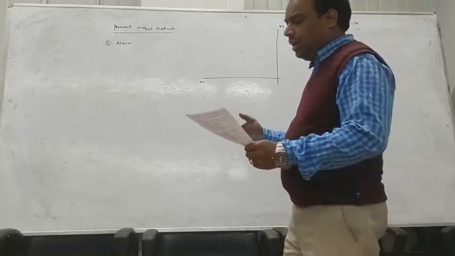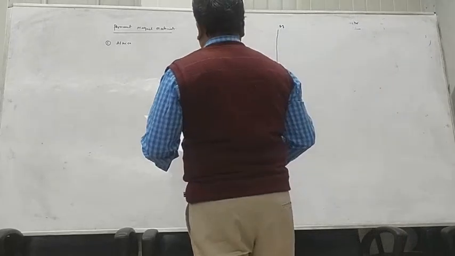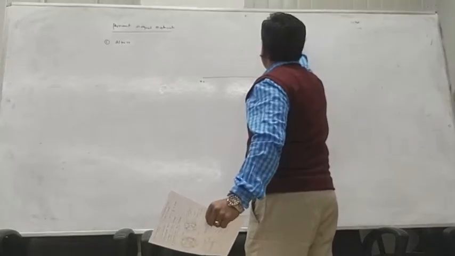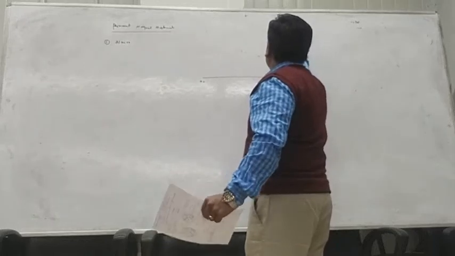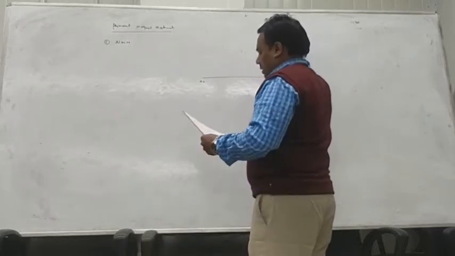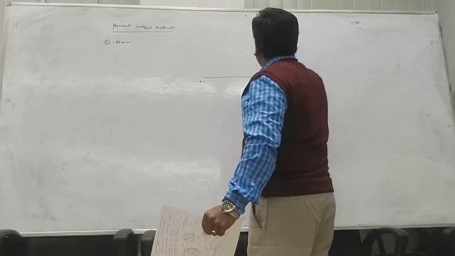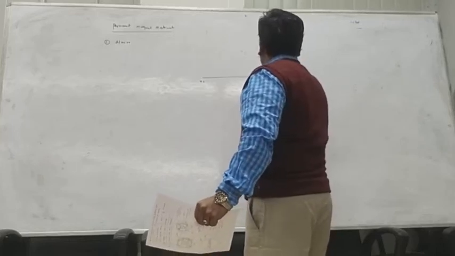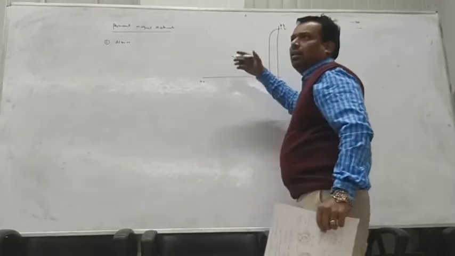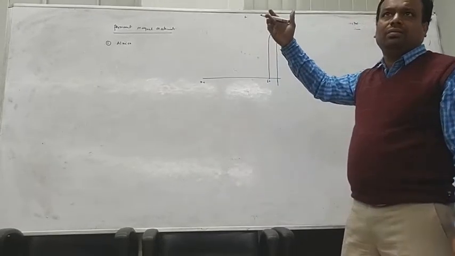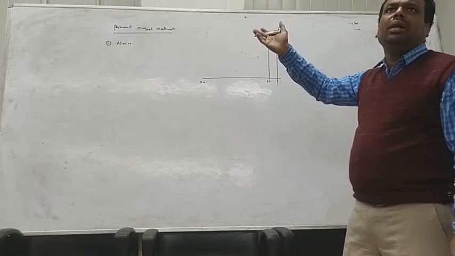So Alnico 5 means that your Br value is high. This is Alnico 5, so let us see, this is 1.2 and this is 60. As the number goes up to Alnico 8, it gives a better permanent magnet.